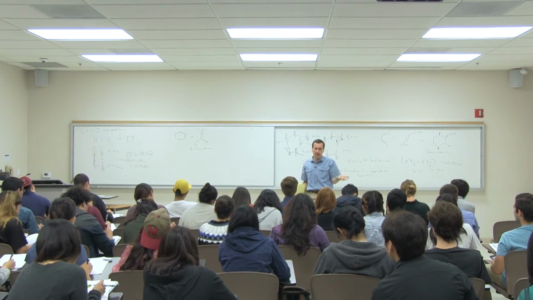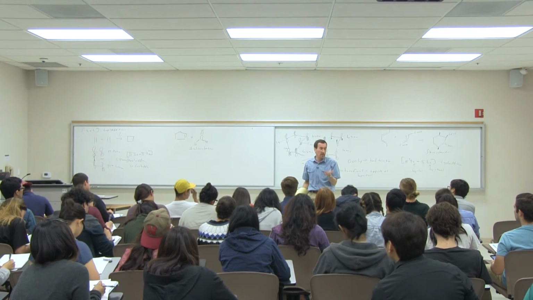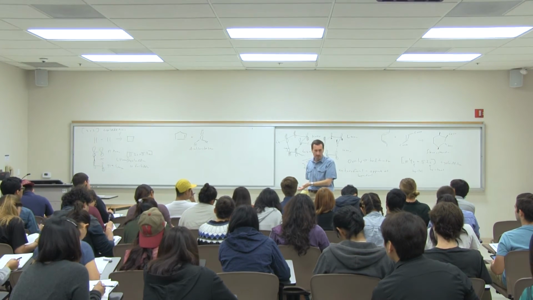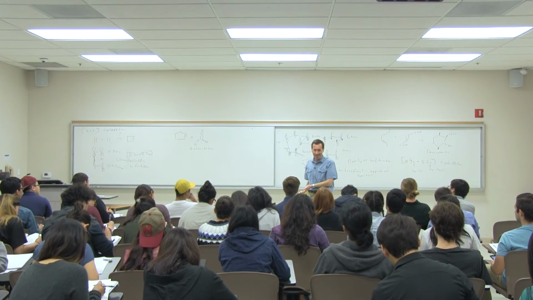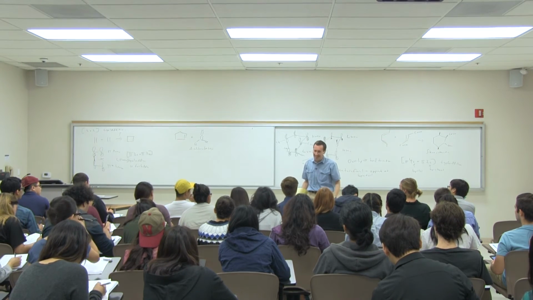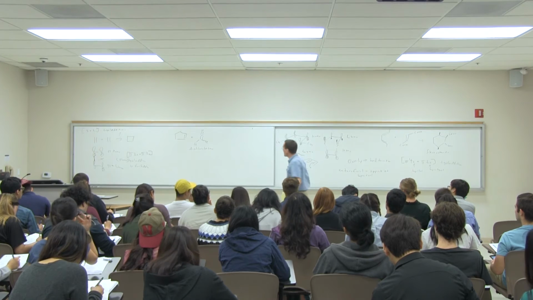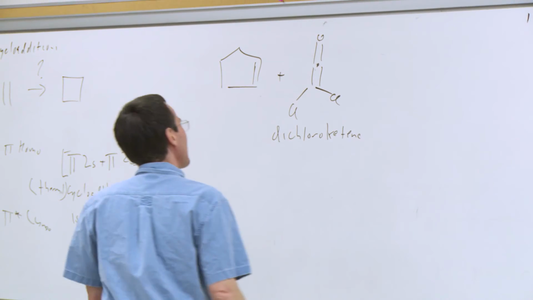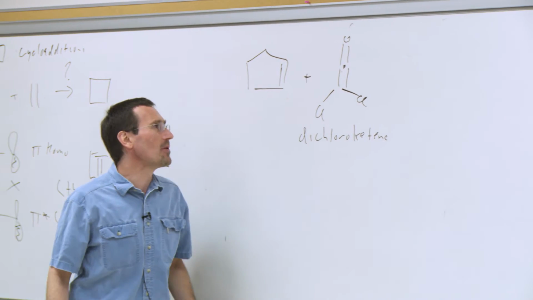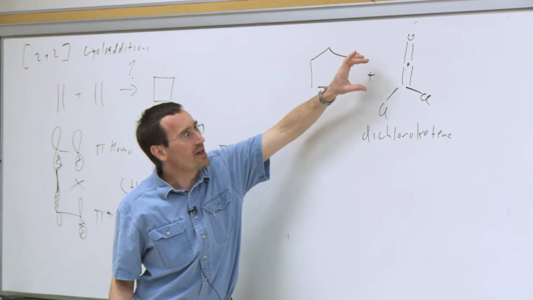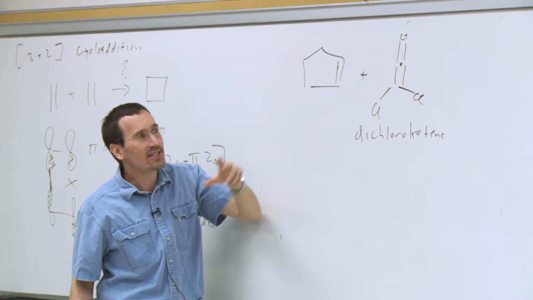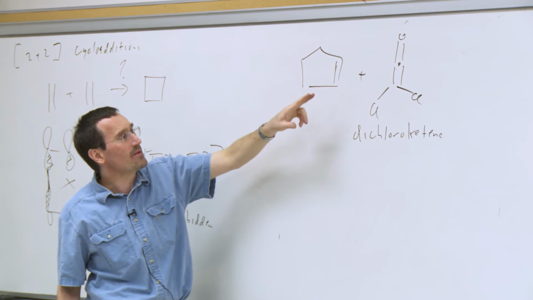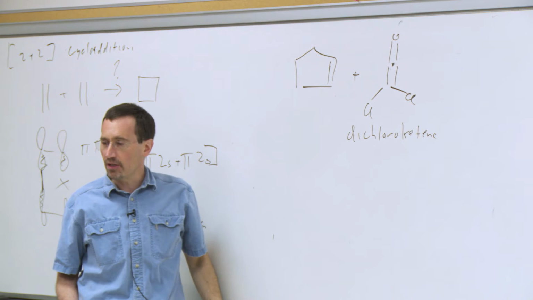The simplest cumulated system that you can think of, you are literally exhaling right now. And that is? Carbon dioxide, right? So dichloroketene is isoelectronic with carbon dioxide. So carbon dioxide is a cumulated system.